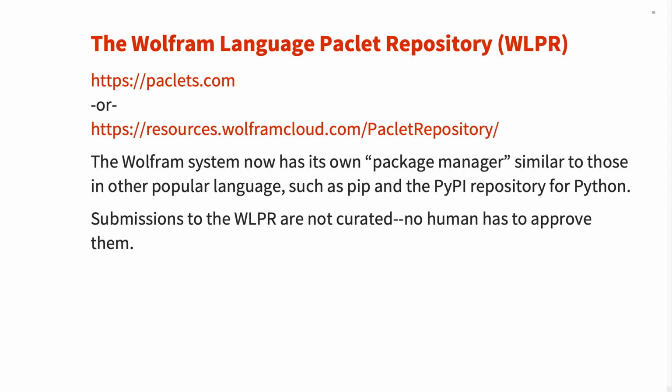And if you've used those things in those languages, you know how great those are, how important it is to the growth of the language to have a single repository where people contribute all sorts of things, a tool that's built into the system that knows how to get things from that repository. That is very important for the growth of a language, and we're very happy that we actually have this now for the Wolfram system.